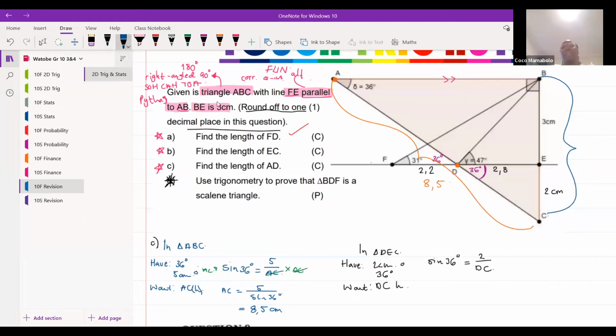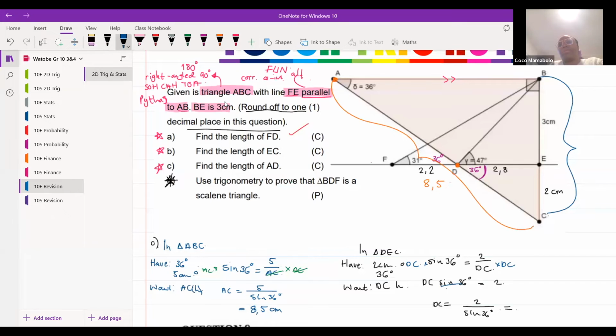Next step. And then we're going to multiply by DC on both sides. Good. And the next step? We're going to divide 2 by sine 36. Beautiful. So I've now got DC is equal to 2 over sine of 36. Beautiful.